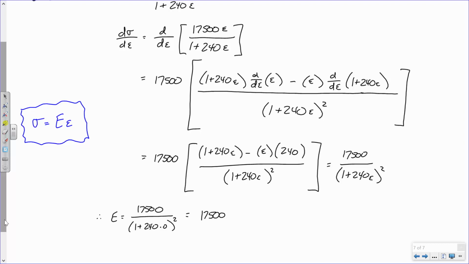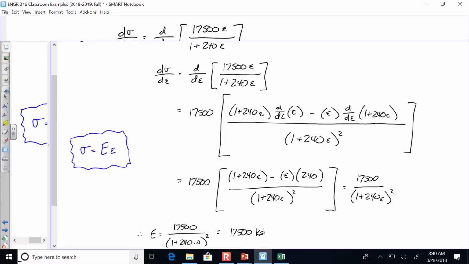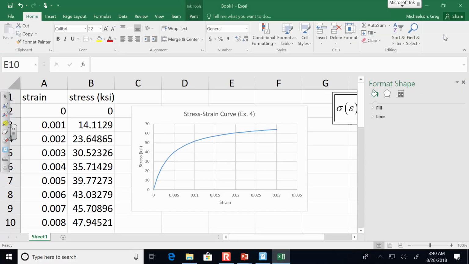This has no units, and this has to be in stress, like KSI. So our E value is 17,500 KSI. Is everybody okay with that? Let me show you something. Let's go back to Excel. All right?